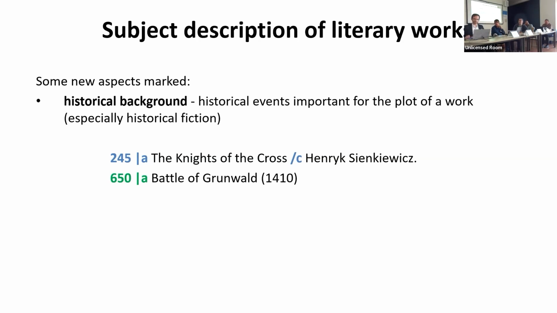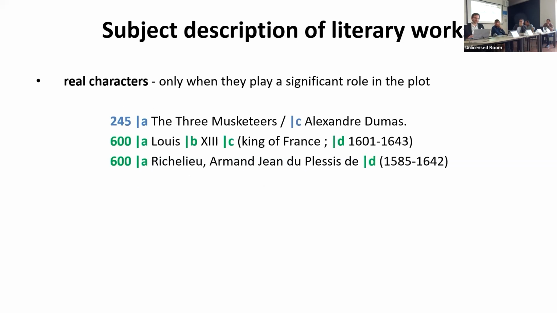There are many new aspects which we assign descriptors for in those cases, for example, to mark some historical background, when some historical events are important for the plot of a work, especially in historical fiction, as in a novel of the famous Polish writer, Henryk Sienkiewicz, Knights of the Cross, where the Battle of Grunwald is important for the plot.